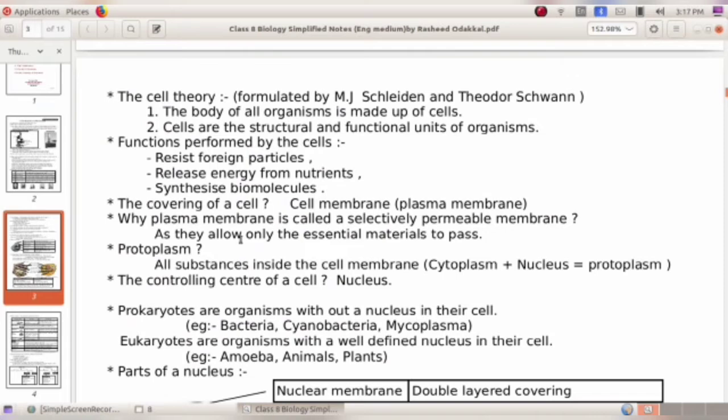Then the important points of the cell theory formulated by M.J. Schleiden and Theodor Schwann are: the body of all organisms is made up of cells. Cells are the structural and functional unit of organisms. The functions performed by a cell are to resist foreign particles, release energy from nutrients, and synthesize biomolecules.